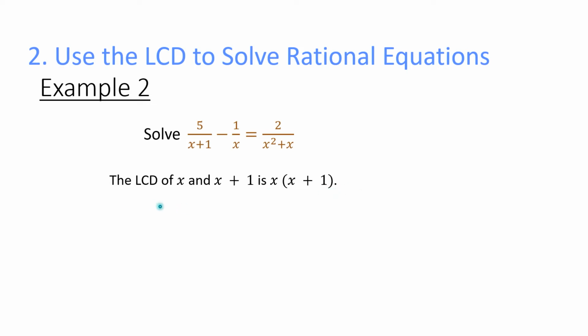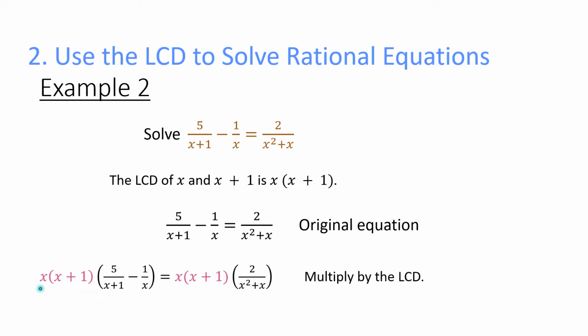Our next step is to make the denominator equal to this LCD. Here is the original equation. To do that, first we have to multiply both sides of this equation by the LCD.